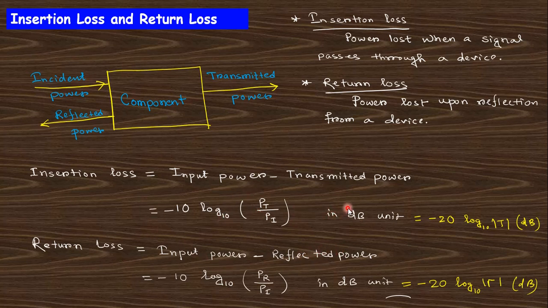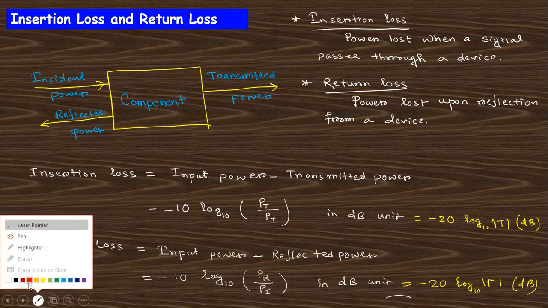In decibel units, you can find this power as minus 10 log of P transmitted by P input. Or in terms of the transmission coefficient, there will be a 2, because power is the square of the transmission coefficient voltage, so that is 20. Clear? In the case of reflection also, there is reflected power by input power.